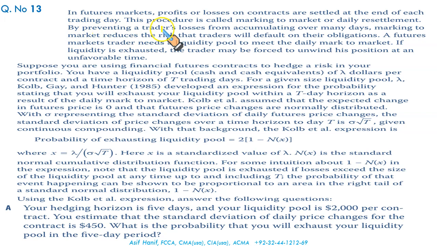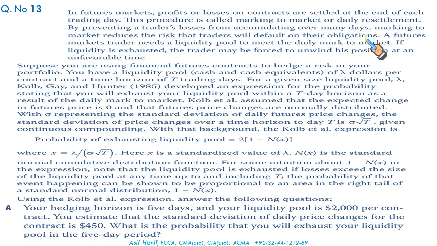By preventing a trader's losses from accumulating over many days, marking to market reduces the risk that traders will default on their obligations. If you have an open position in a futures contract, the losses and gains are settled on a daily basis, so as not to allow you to carry on your loss-making position for a longer period.